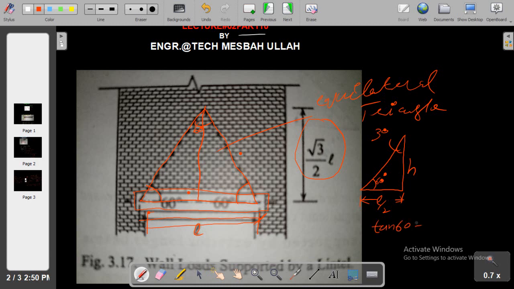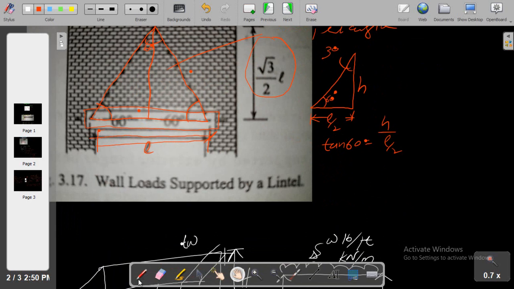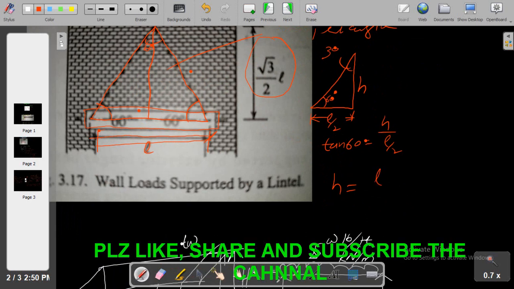So that way if we use the tangent relationship, tangent 60 equals H divided by L/2, and from this we can find the value of H, which is L by 2 into tangent 60.